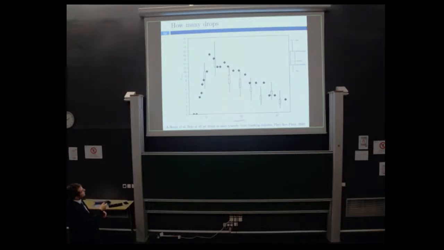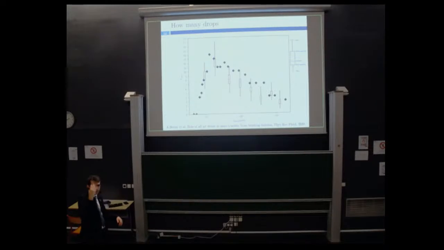So we've performed, for several bubble size, a statistical study by changing a little bit the initial conditions. And for each bubble size, we count the number of ejected droplets. And I'm plotting the distribution for each bubble size here with the box plot. So in orange, you've got the median value.